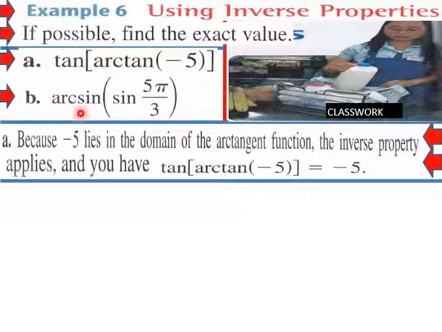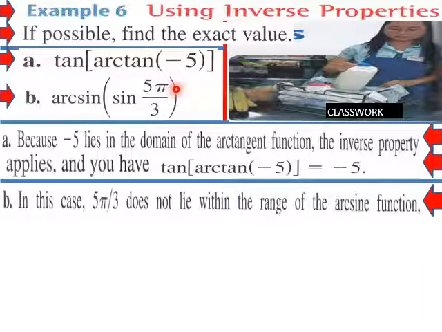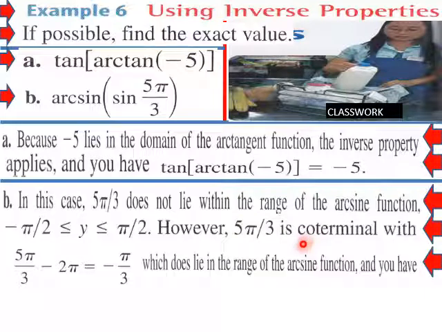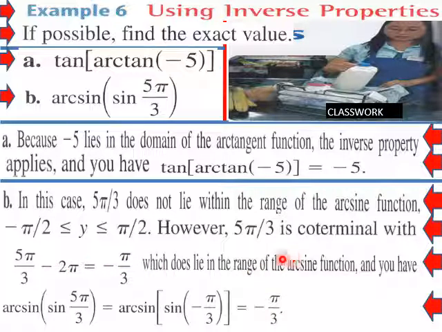And then B, arc sine of sine 5 pi over 3. In this case, 5 pi over 3 does not lie within the range of the arc sine function, negative pi over 2 less than or equal to y less than or equal to pi over 2. However, 5 pi over 3 is coterminal with 5 pi over 3 minus 2 pi, which equals negative pi over 3, which does lie in the range of the arc sine function.